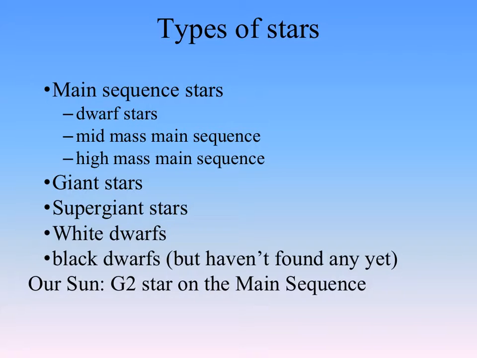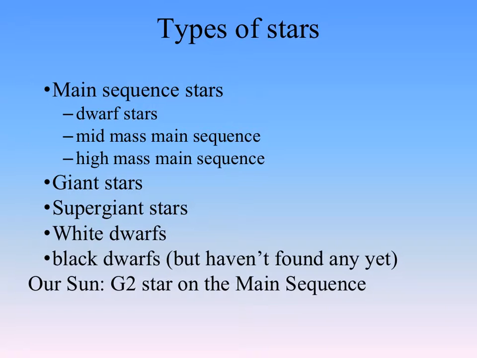There, they're actively fusing hydrogen to make helium. For higher mass stars, they would eventually fuse heavier and heavier elements. So they're just going through the process of fusion to create heavier elements from lighter elements until they run out of hydrogen. So along the main sequence, they're all characterized by hydrogen fusion, and they're all stable.